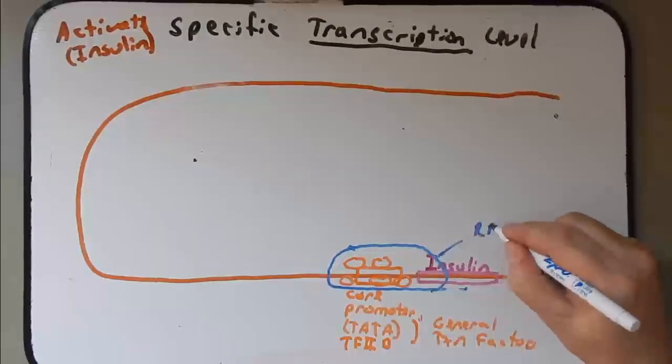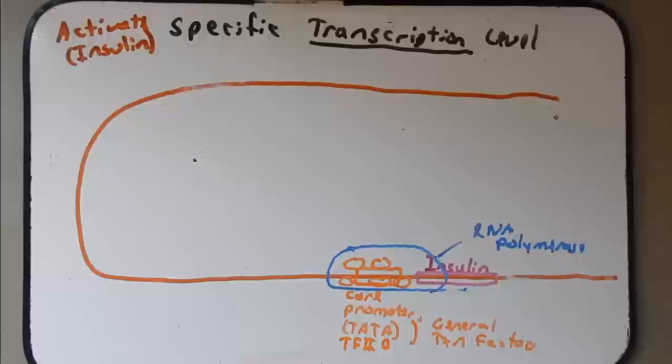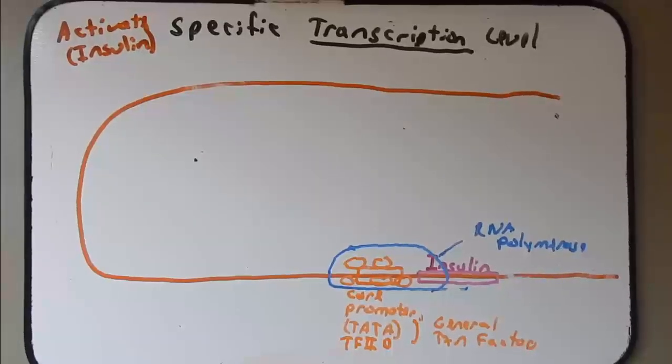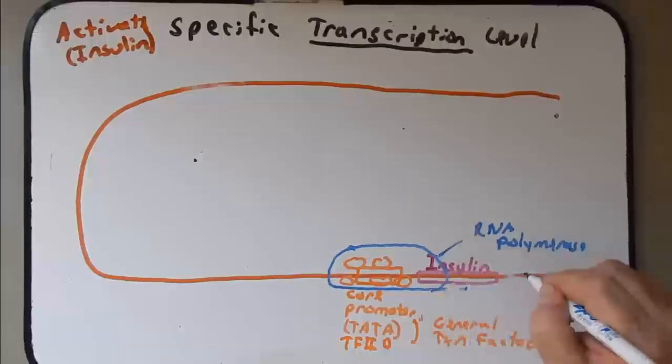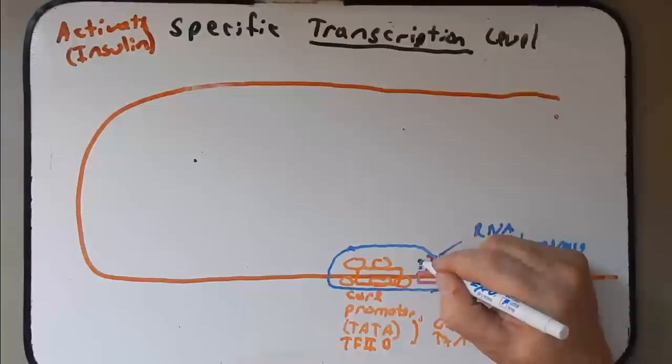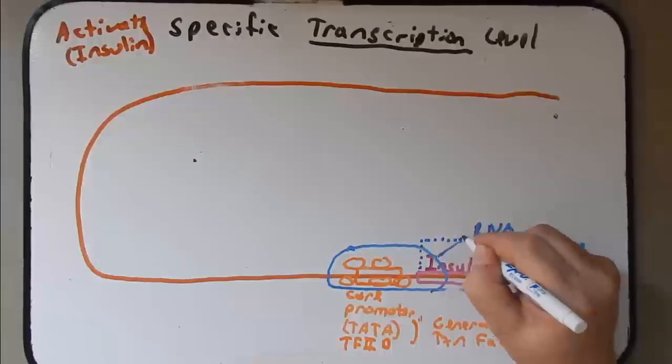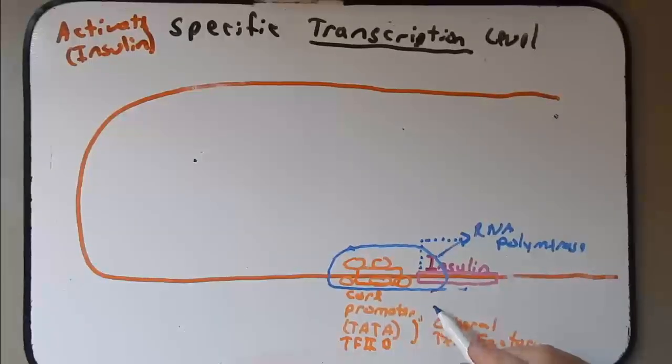So this is RNA polymerase. And what I didn't tell you about in the previous podcast is that these transcription factors, while they are important in bringing RNA polymerase to this promoter, the ability to transcribe this gene, in this case the insulin gene, is weak. It can still transcribe it, but at much more of a basal level, that leaky expression.